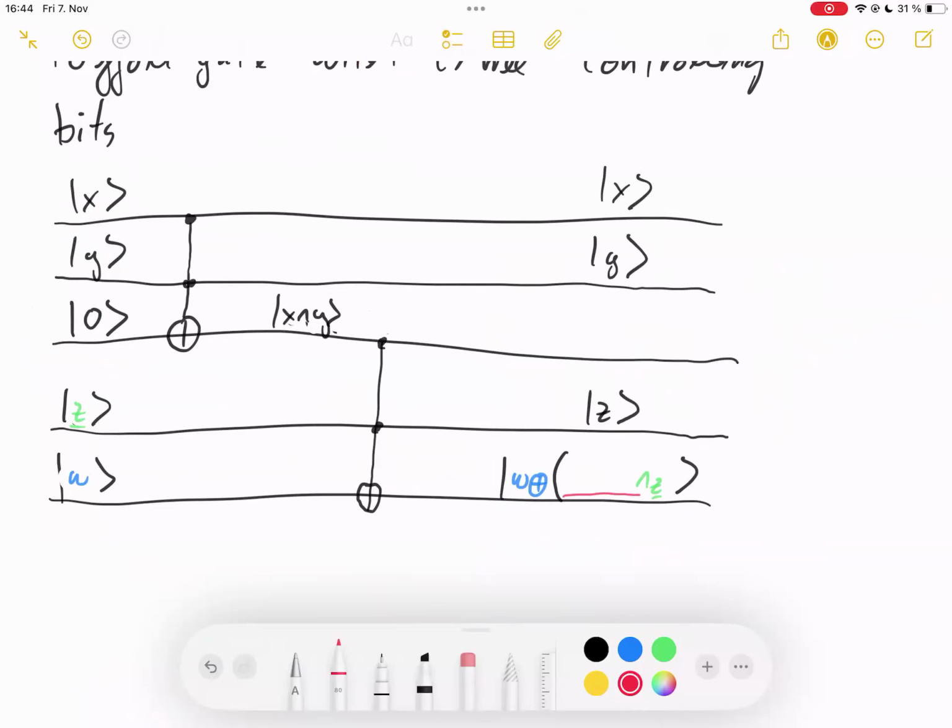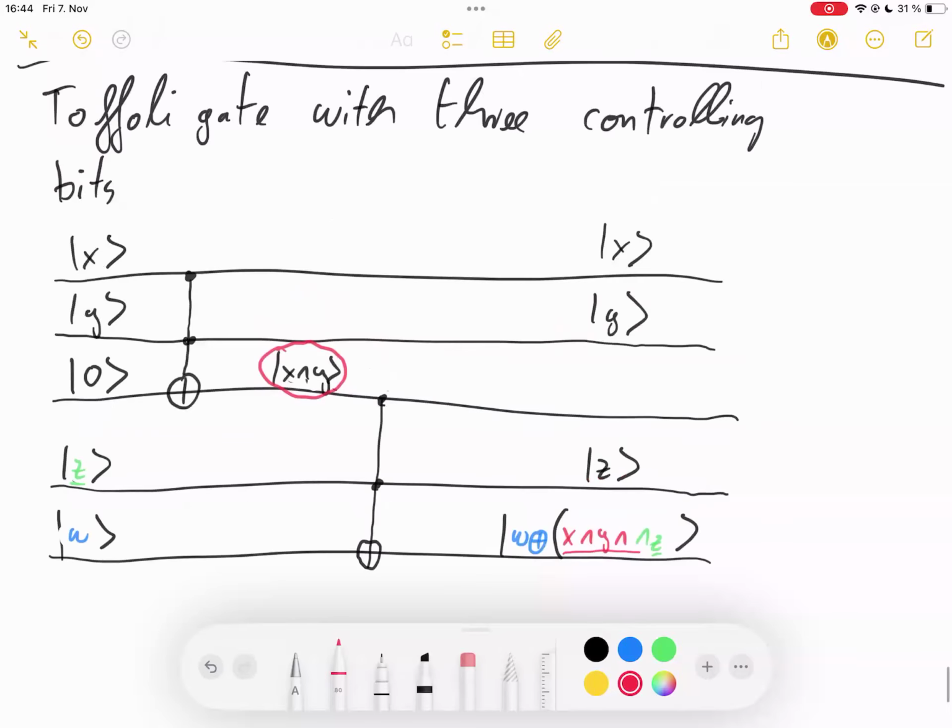Do you see what's being fed in from the first Toffoli gate and what would be the impact of this? So it's W XOR and then we have X and Y and Z. So it's this red part coming in. So now I have built, and we got this here in the chat, which was correct, a Toffoli gate with 3 controlling bits.